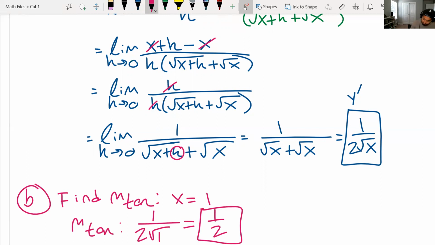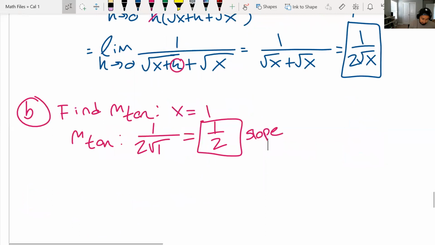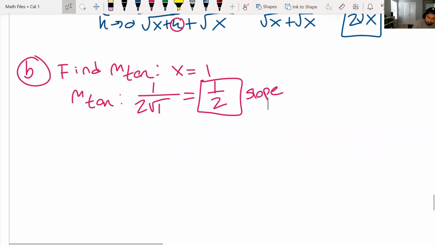There's our slope. All right, cool. We are on our way. All right. C.